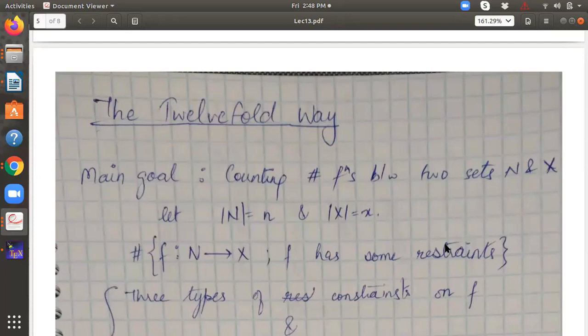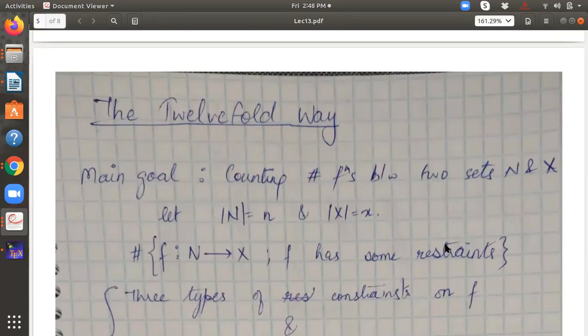Great. So this 12-fold way is about counting the number of functions from one particular set to another particular set. Okay, both finite sets. And then depending on whether the events in each phase can be distinguished from one another or not, it would make a difference.